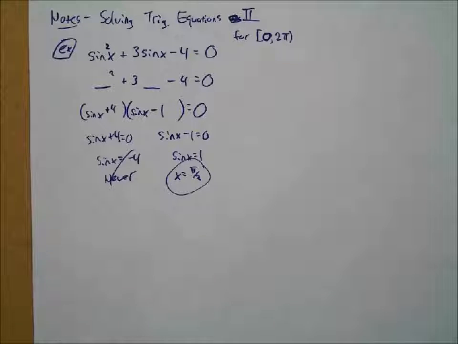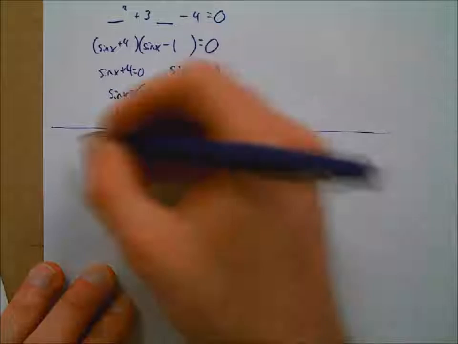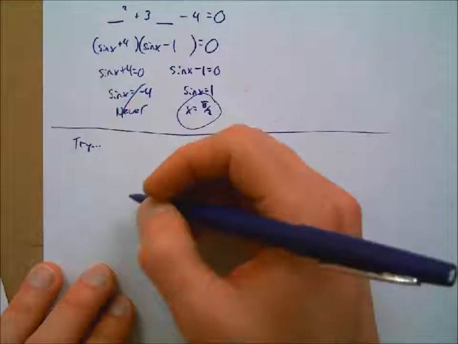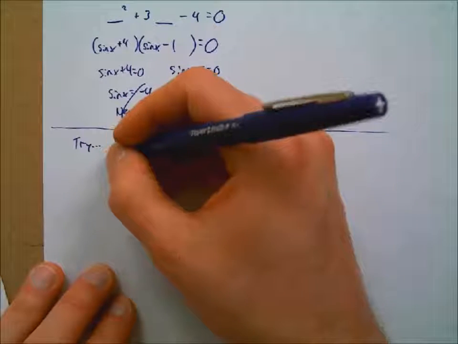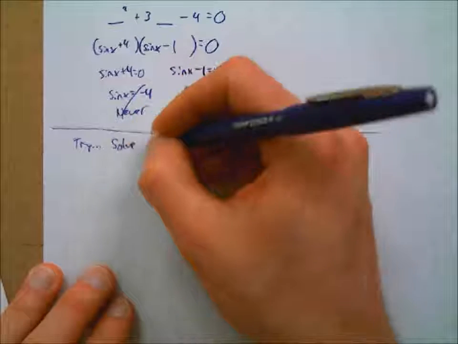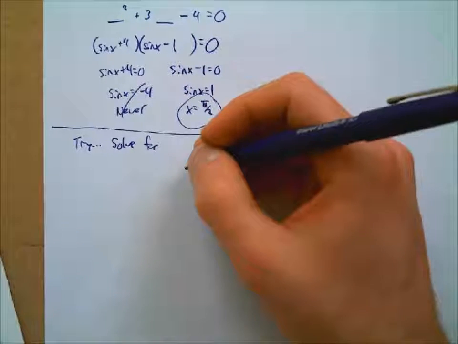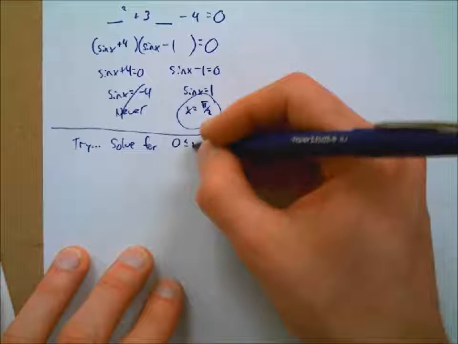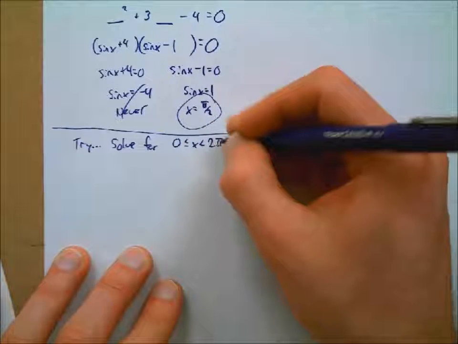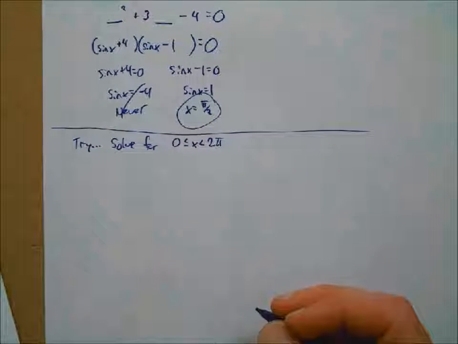All right, well, here, let me have y'all try one then. Again, solve for 0 less than or equal to x less than 2 pi. So solve for the x values between 0 and 2 pi.